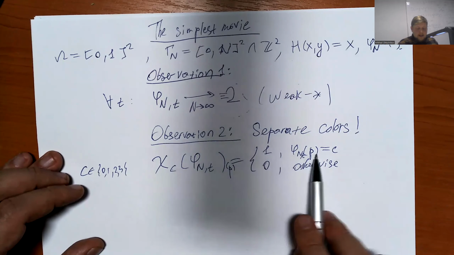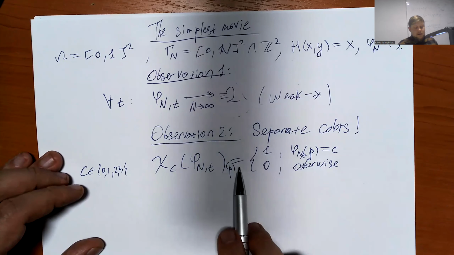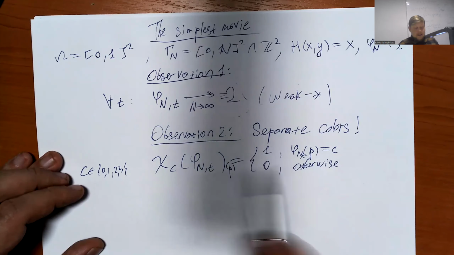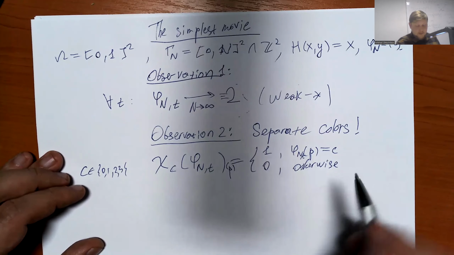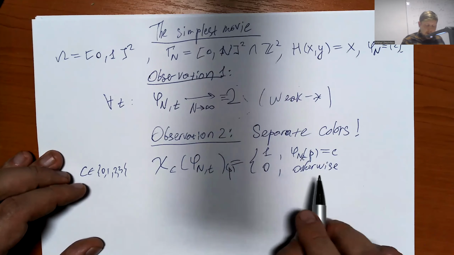So you basically separate the color. You just pick exactly that color, a characteristic function of that value, if you like. Is it clear what I mean by that?